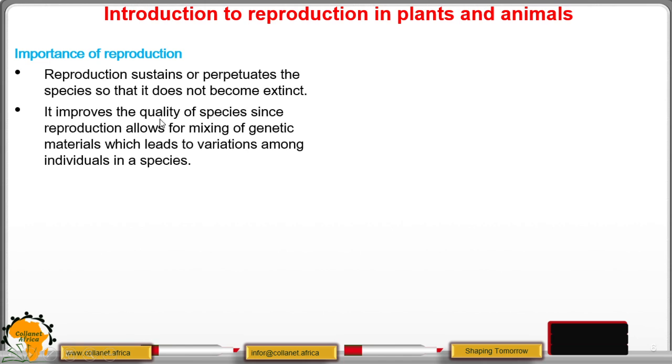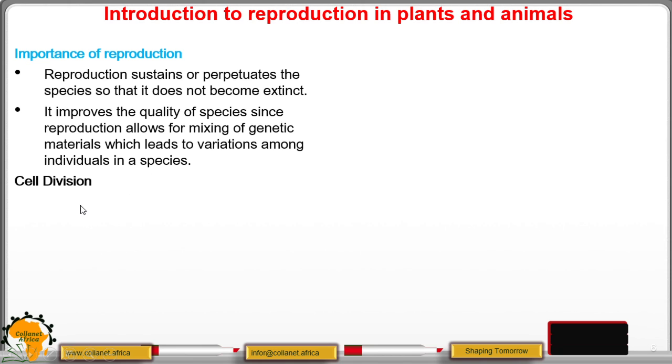Then it improves the quality of species, since reproduction allows mixing of genetic materials, which leads to variation among individuals, as we have seen in sexual reproduction, where we have the male and female gametes fusing. Both have different qualities, and if those two are of good qualities, then it leads to variation and better qualities are achieved. So that is the importance of reproduction.